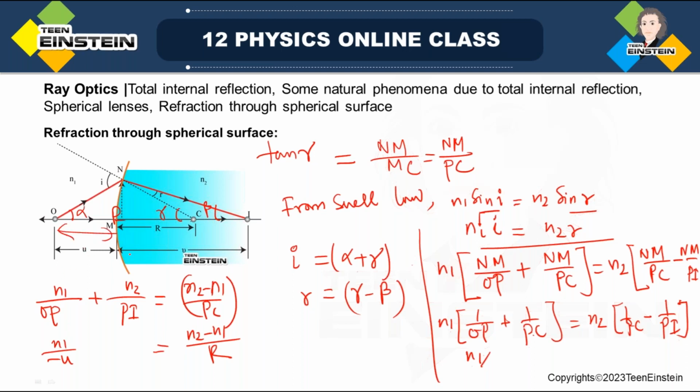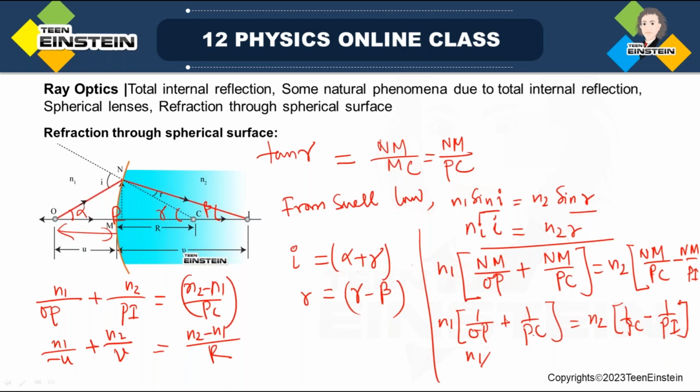Okay, this is U, and PI is actually the image distance, as you see. N2 by V. V is taken in the positive direction.